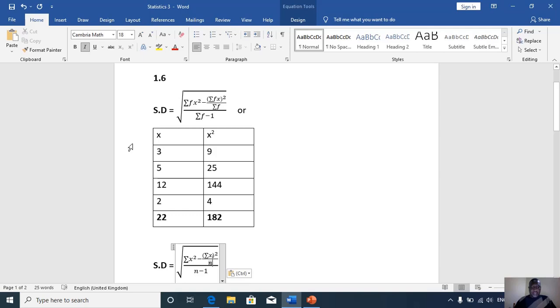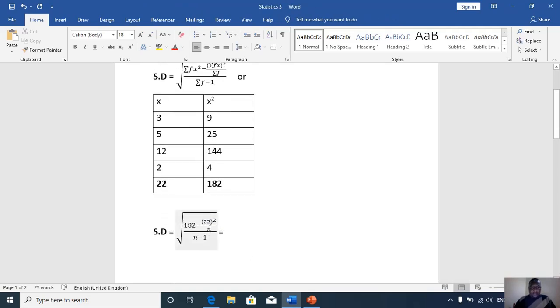Summation of x squared is 182. So where we have summation of x squared, there we have 182, and where we have summation of x, we should have 22. Okay, so 12 plus 2, that's 14, plus 5, 19, plus 3, 22.